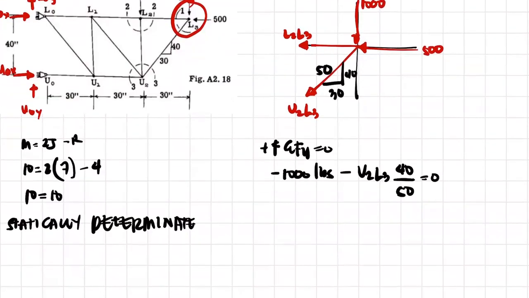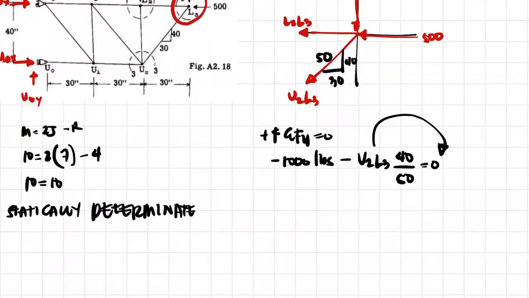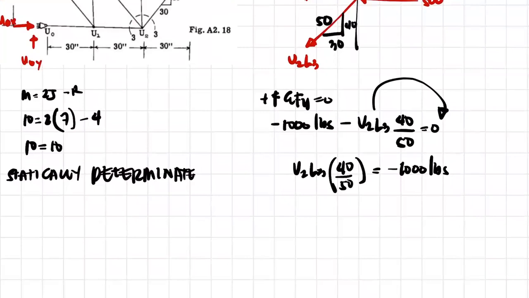So we transpose U2 L3 to the other side to make it positive. That is U2 L3 times 40/50 equals negative 1,000 pounds. Then divide both sides by 40/50, which cancels out.